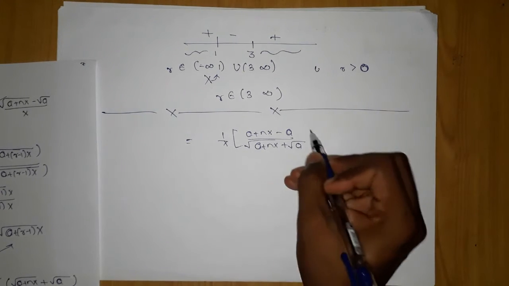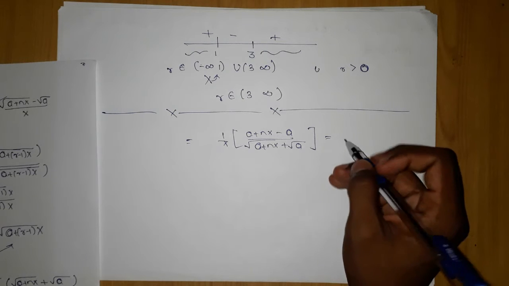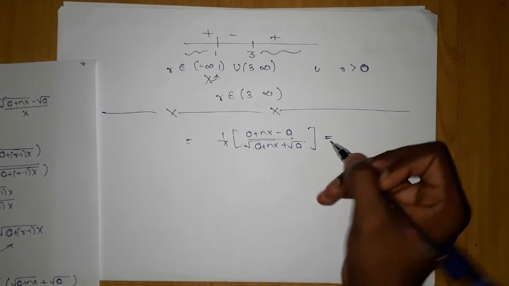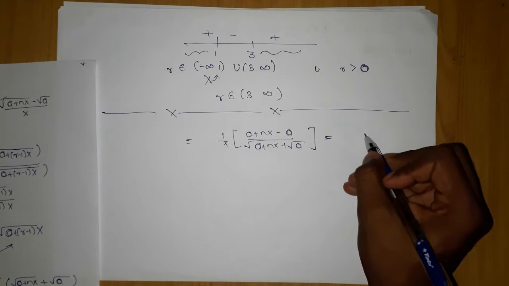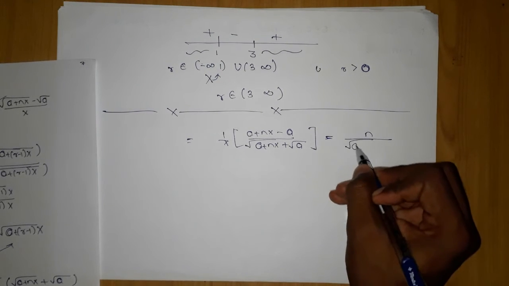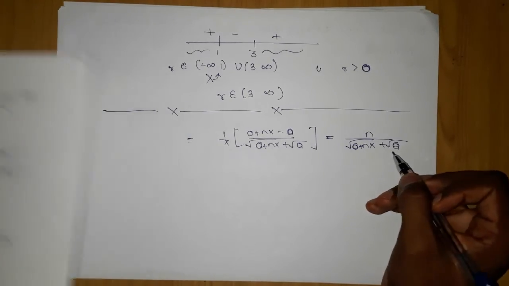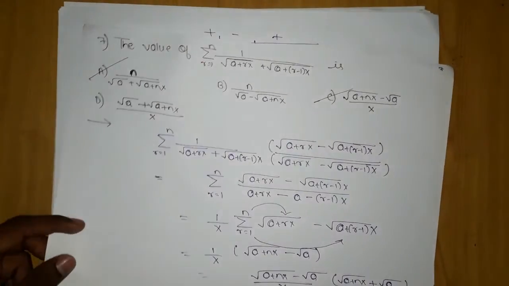So you can see there is a high chance that the structural representation of the answer may be different from what you get by rationalization. Here x will be cancelled out, giving n upon under root a plus nx plus under root a, which is the first option. So two options are correct.